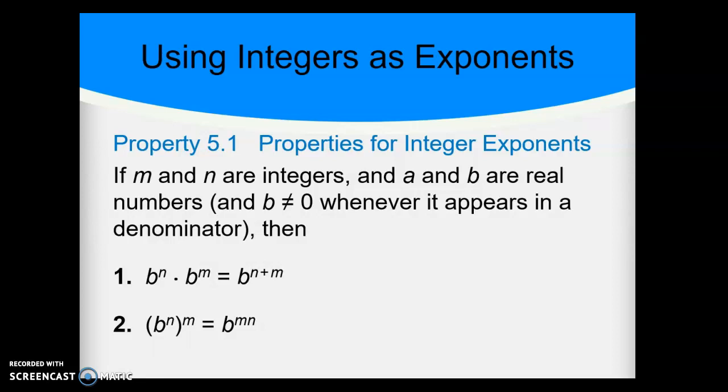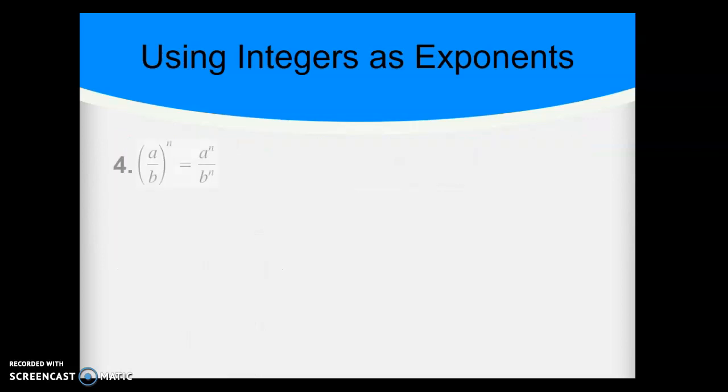When you have one base with 2 exponents, you multiply those exponents. When you have a quantity raised to an exponent, you distribute that exponent. When that quantity is multiplication, then you end up with a to the n times b to the n. When it's division, you end up with a to the n divided by b to the n. And here's that last one that says that when you divide like bases, you subtract their exponents.